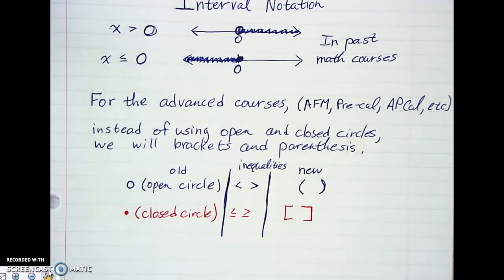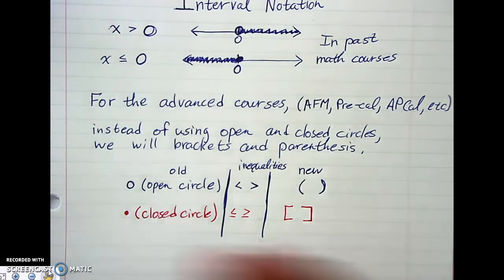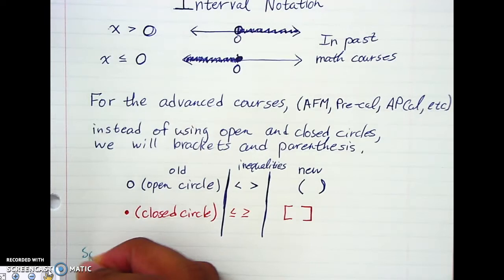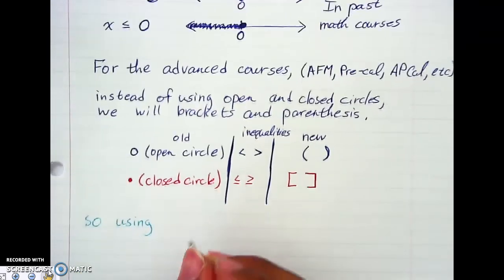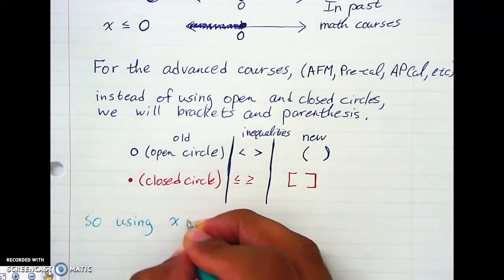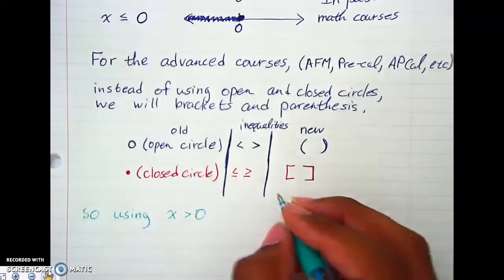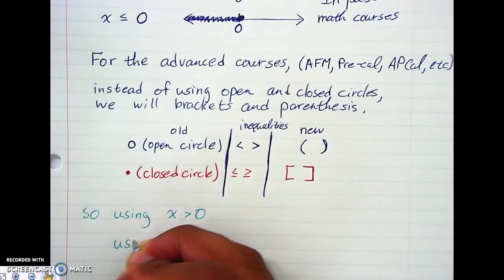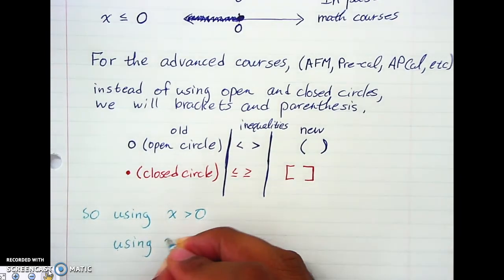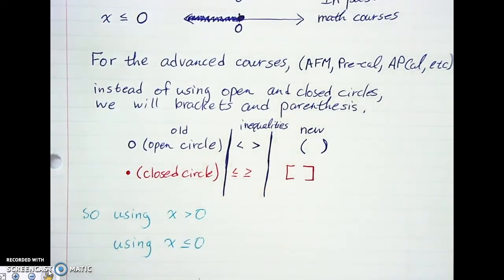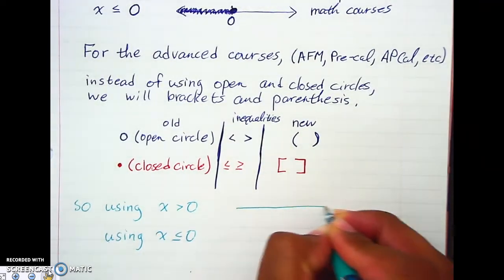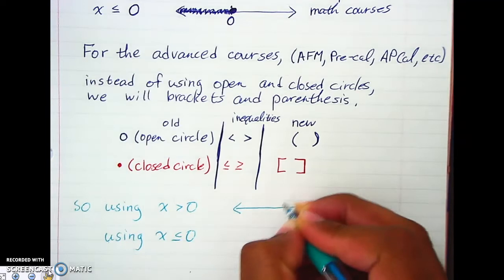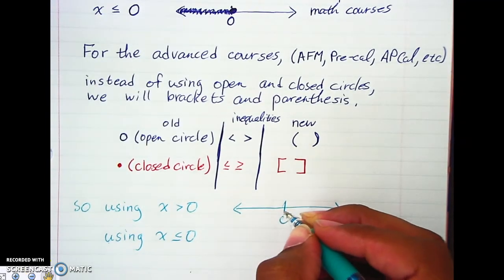So really quickly, before we go into any type of work with it, let's go back to the original inequalities we had. If we look at this part here, again, we're going to draw the number line like normal. We put 0 in the middle like normal there.